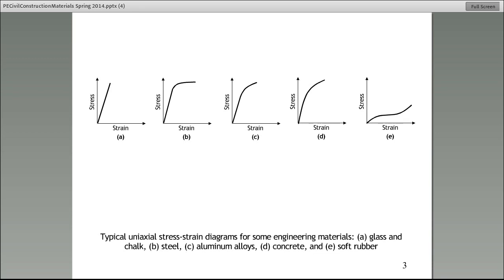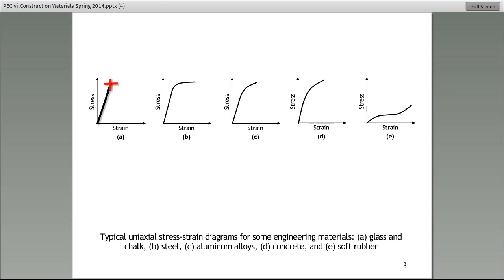So here with the concept of stress and strain, we have different examples, and here the very first one talks about stress and strain having a linear relationship. And part A, as you can see, is a linear relationship up to a point, and that's the point where this material fractures.